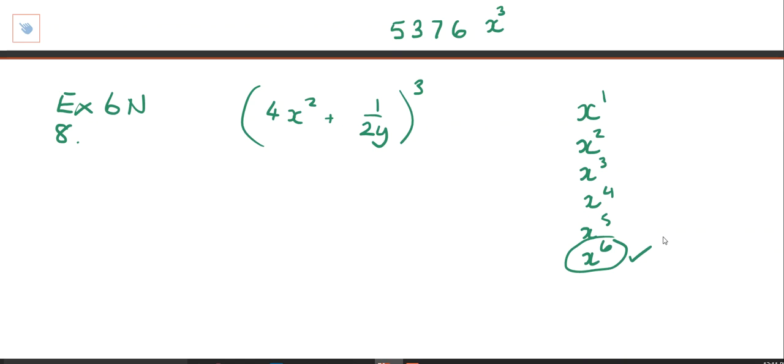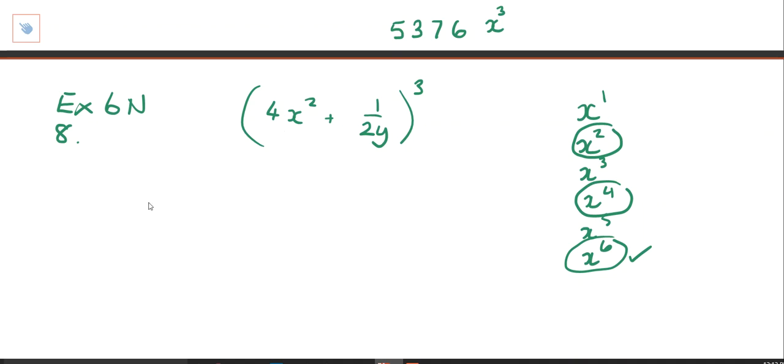Any others? Yeah, x to the power of 2. Yeah. x to the power of 4. They're the only ones that I could ask you for. Oh no, sorry. I wanted to know which ones could I possibly ask you for. Now in this case I can't ask you for the term x to the power of 3 because there won't be one, because it's already x squared.